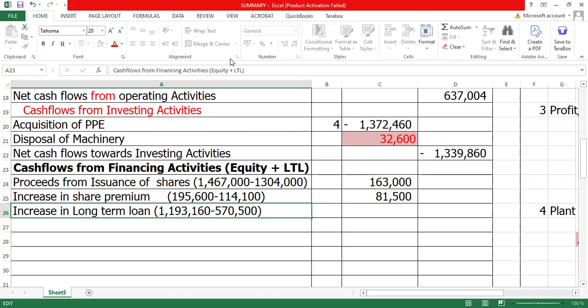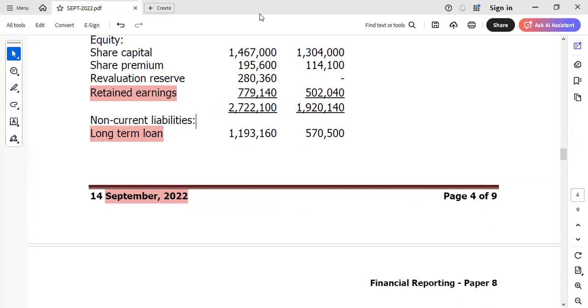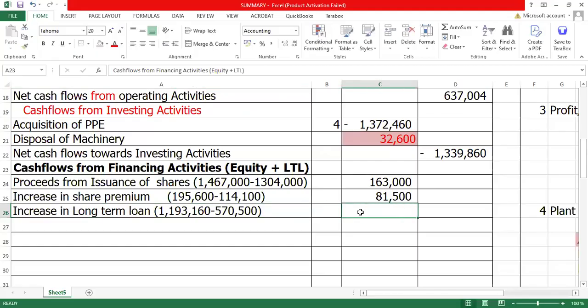Let me go back to the workbook. It's 660. That's what you have. That is an inflow, so you don't put it in brackets.